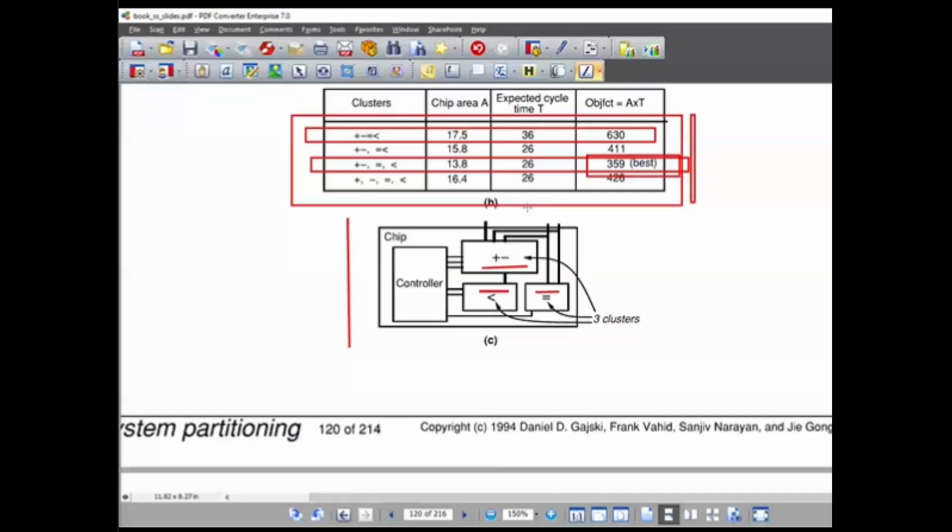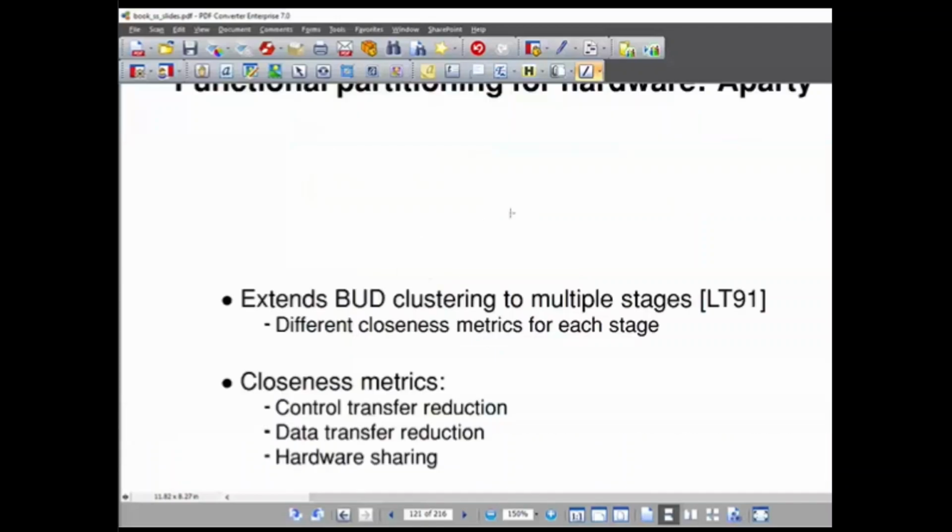If I put the multiplier and the adder together in a single block or single cluster, then consider the operations that need to be performed by that cluster, which has both the multiplier and the adder. Assume the multiplier will consume 100 cycles and the adder would consume 25 cycles. So all those operations pertaining to the adder would have to wait for 75 more cycles, unless that has been computed by the multiplier.